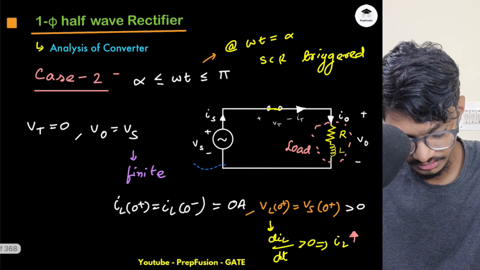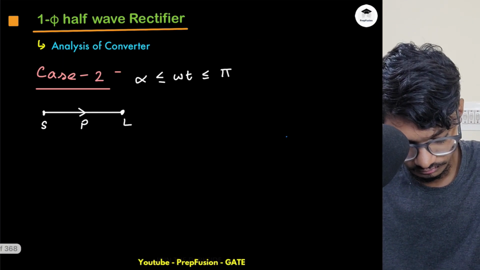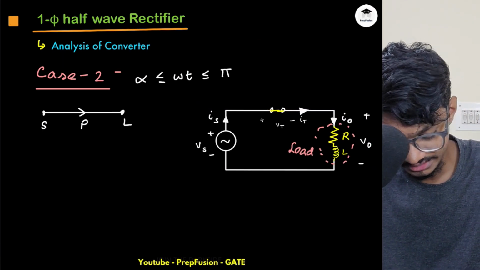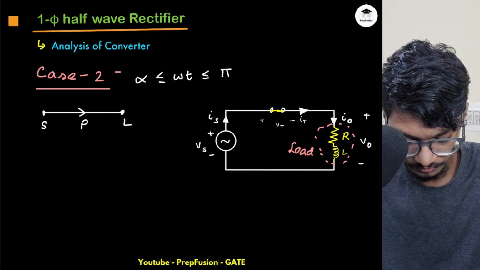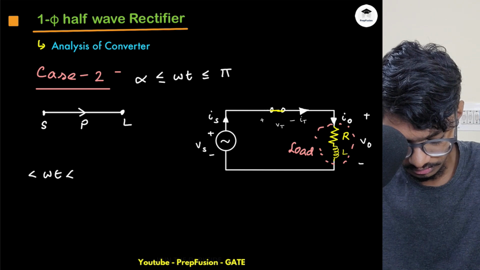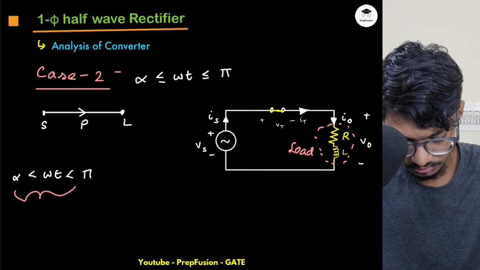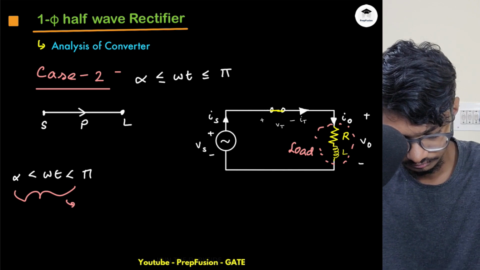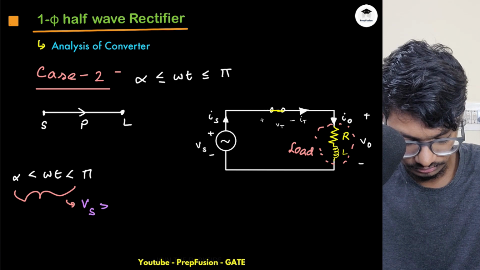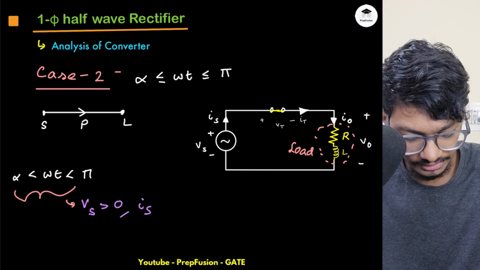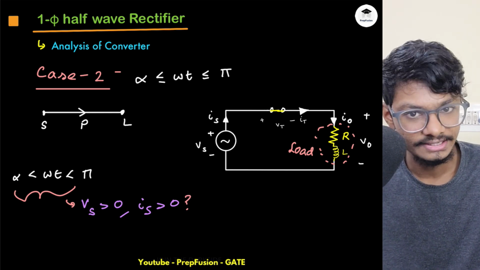If I draw the circuit, Vs is positive in this from omega t alpha to pi. Vs is positive. Okay, and is Is positive? Is is positive. Yes, right.